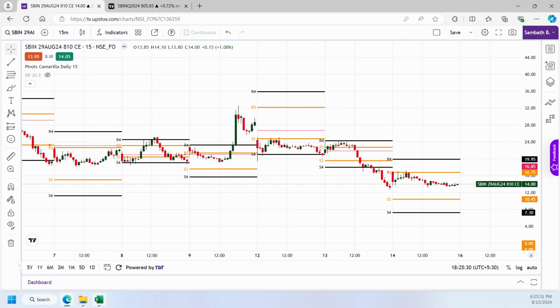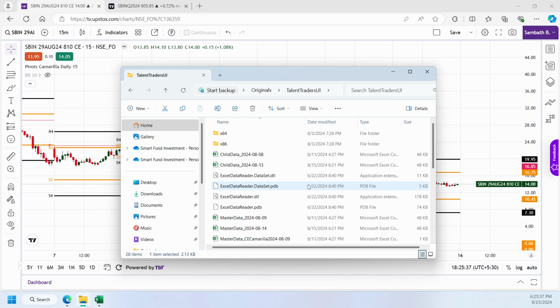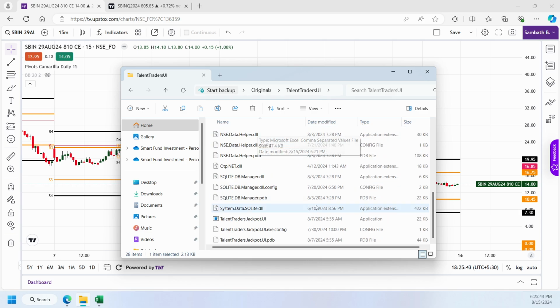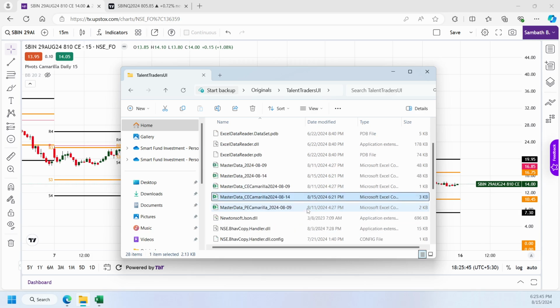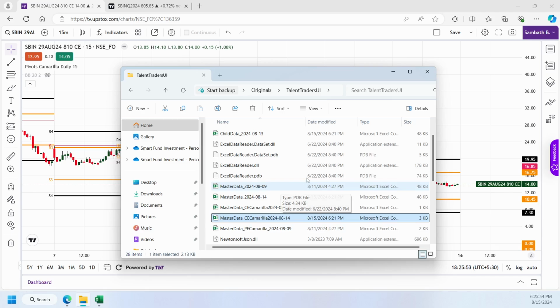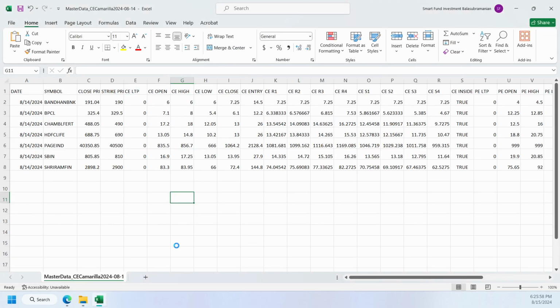So maybe we can look for this strike price, and if it is on the put side, here 14th. I think put side here, call side 8 9. Let me check. I think there is no put.